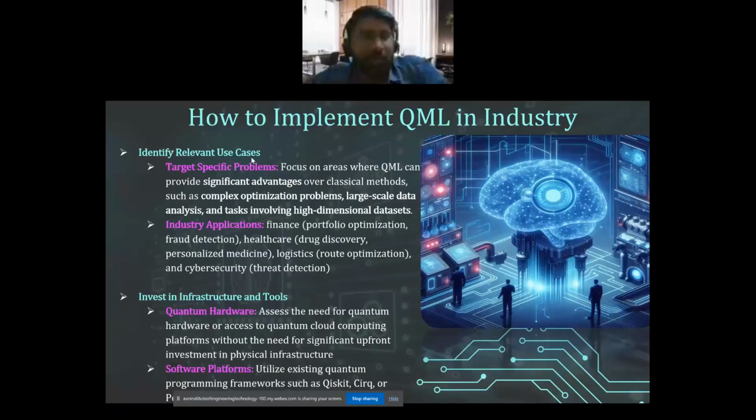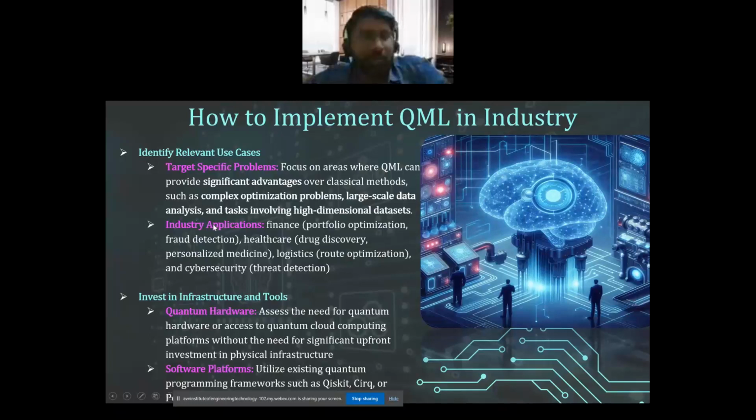If you see a potential advantage in the implementation of quantum machine learning, then we need to move to it, and we need to adapt those things. So how? We need to identify the relevant use cases.